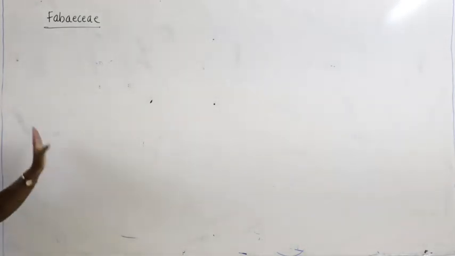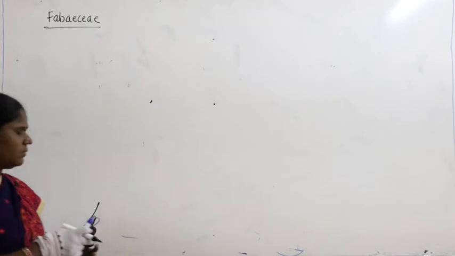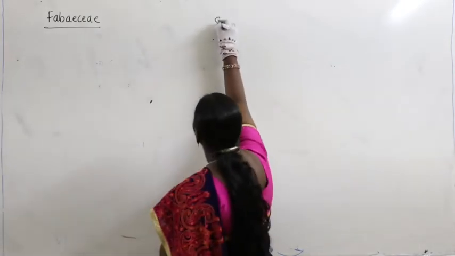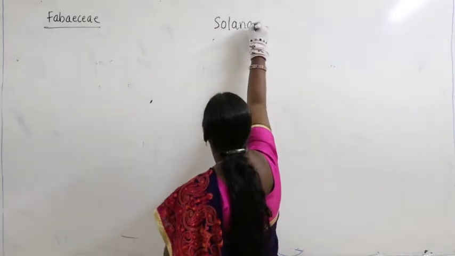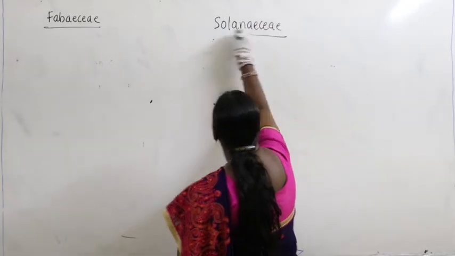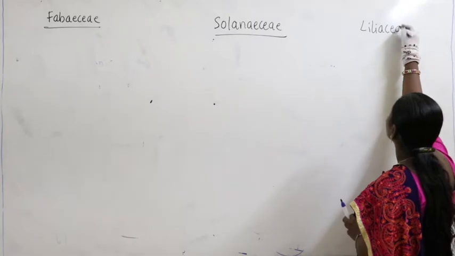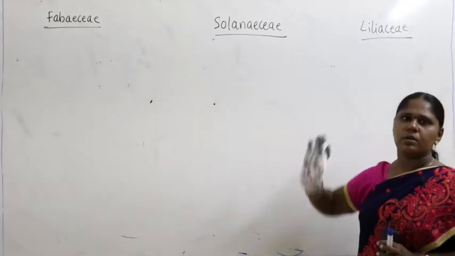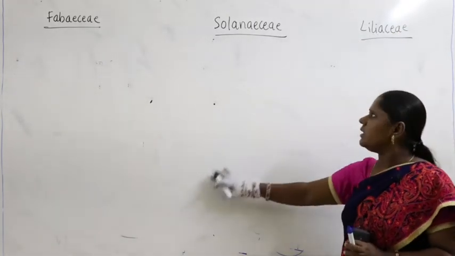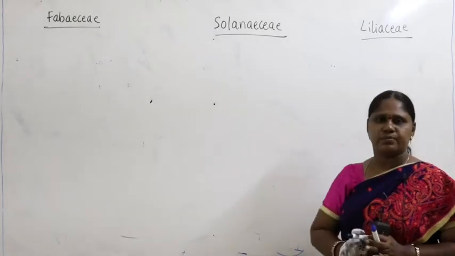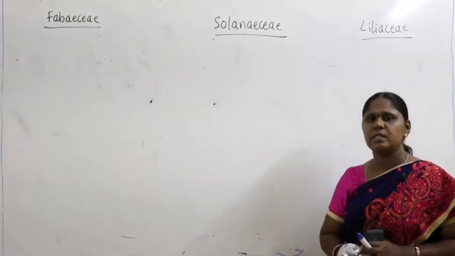Comparative studies means we are studying Fabaceae, and at the same time comparing the characteristics with Solanaceae, and we are also going to study Liliaceae. So altogether we are going to study 3 families at a time.